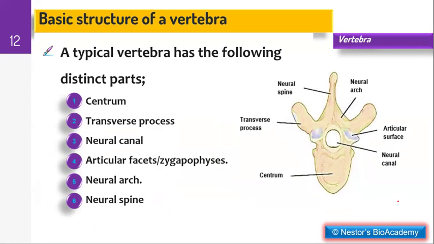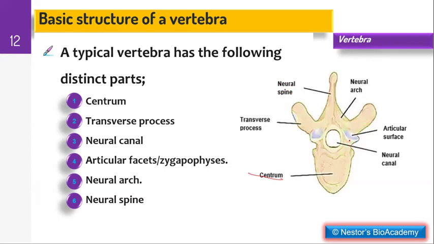Now, having said that, let's now come to discuss the features of a typical vertebra. If we look at one particular vertebra, we always have about 6 main anatomical parts, which are crucial for us to understand. We always have a solid part, we refer to as a centrum. We always have some bony projections, we refer to as transverse processes. We also have another bony projection, again from this end, referred to as the neural spine.